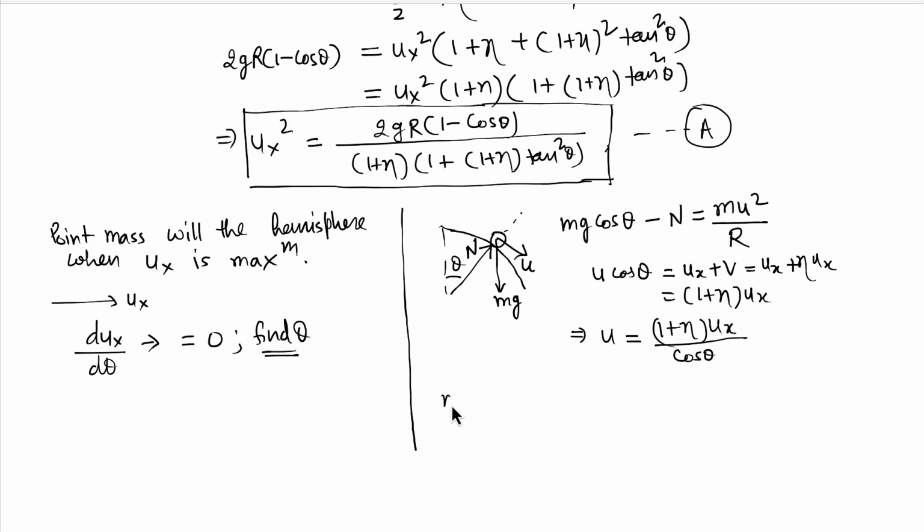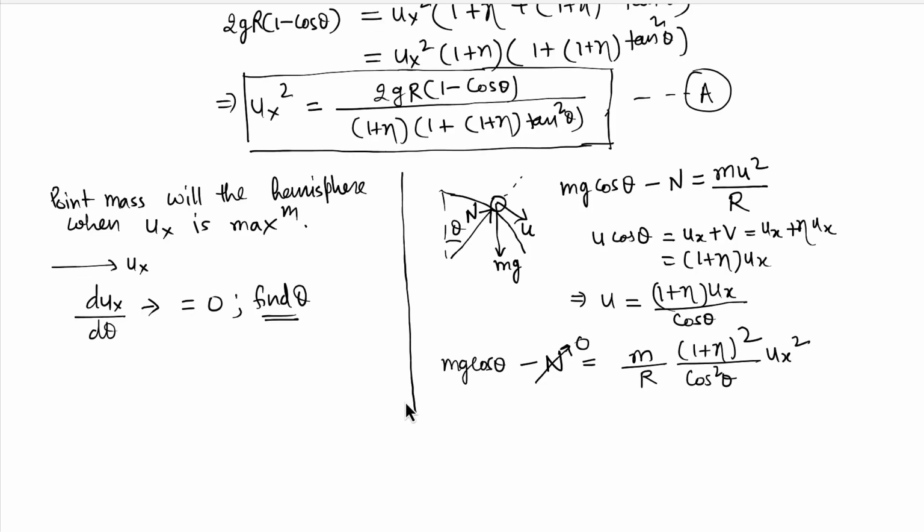So let's take this. So mg cos theta minus N equal to m by r (1 plus eta) square by cos square theta and ux square. Okay, and we can put N to 0 when it is breaking off.